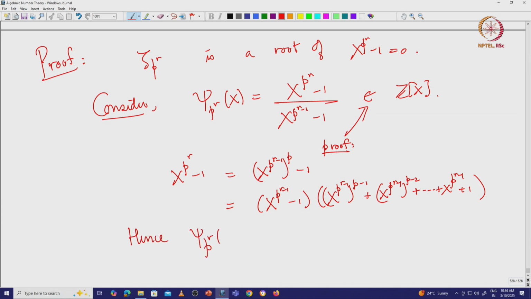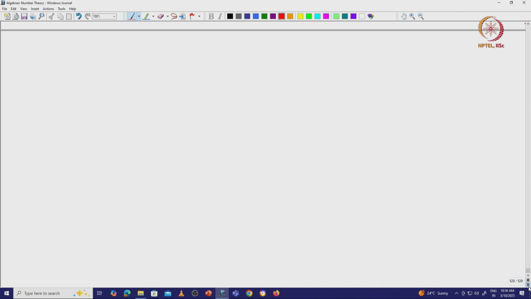Hence, psi p to the r x is in Z[x], right. And furthermore, we know that zeta p to the r to the power p to the r minus 1 is not equal to 0.